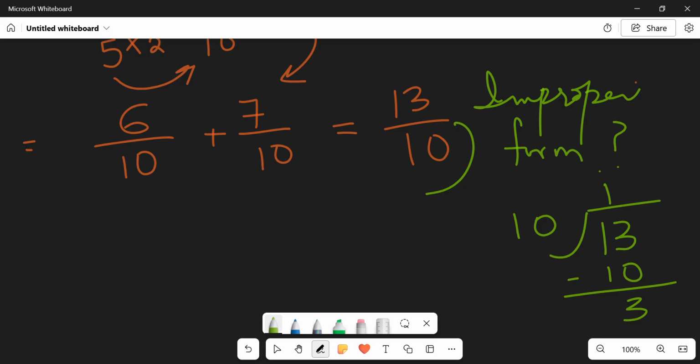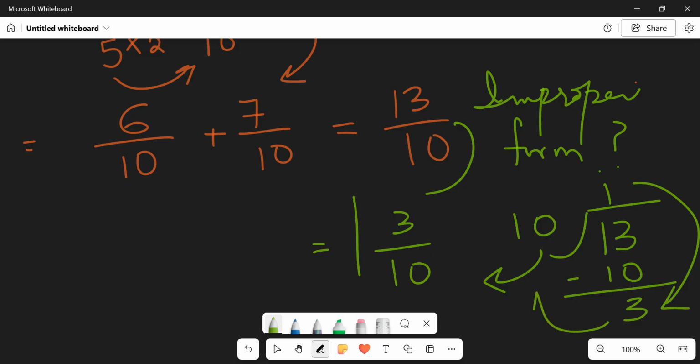Okay, so write down the answer. First of all, you need to write down 1 as a whole number, and this 3, the remainder is 3, we go up as a numerator, and this 10 comes as a denominator. Okay, so we are going clockwise. Okay, 1 whole 3 over 10 is the answer.